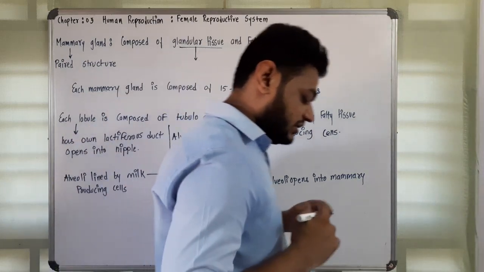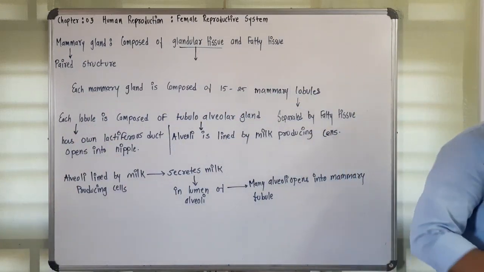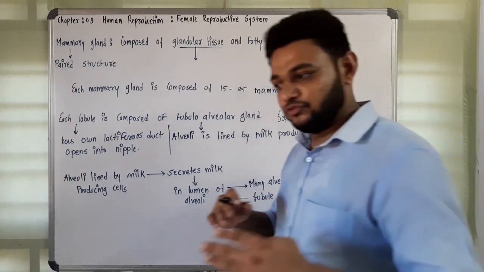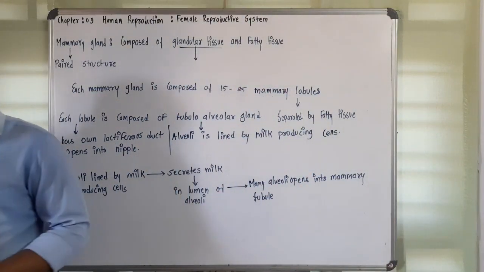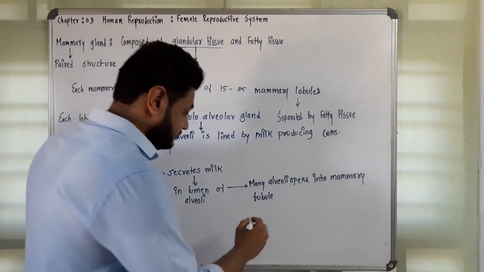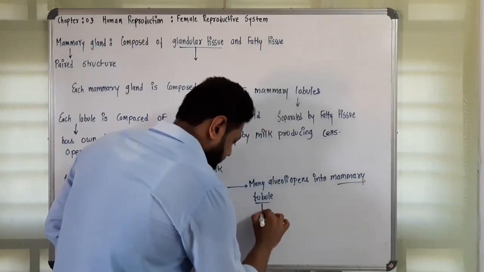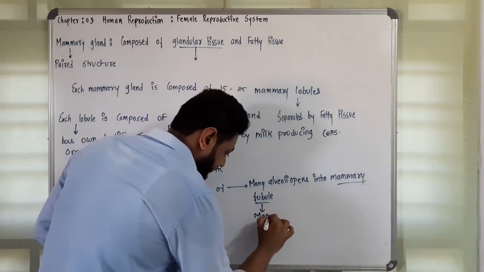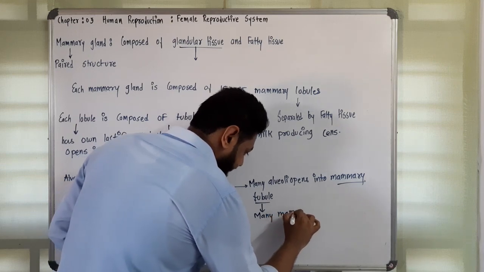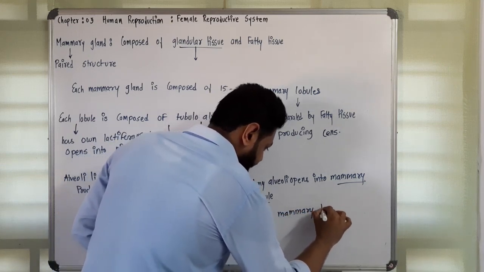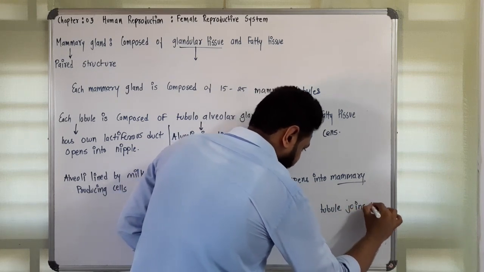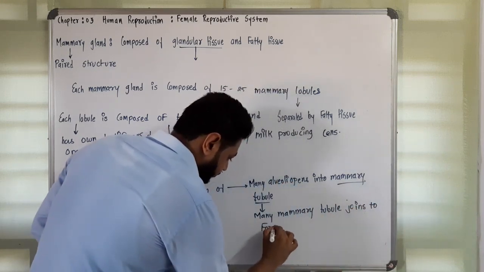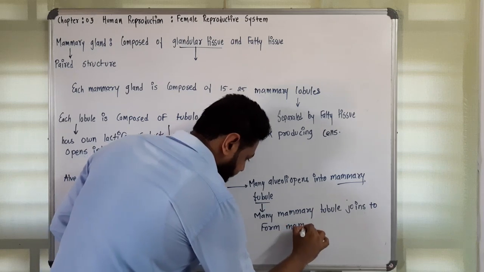Each mammary tubule further joins to form a mammary duct. Many mammary tubules join to form a mammary duct.